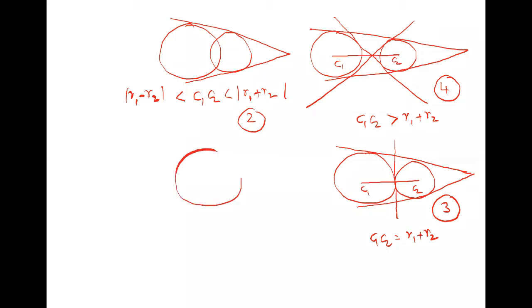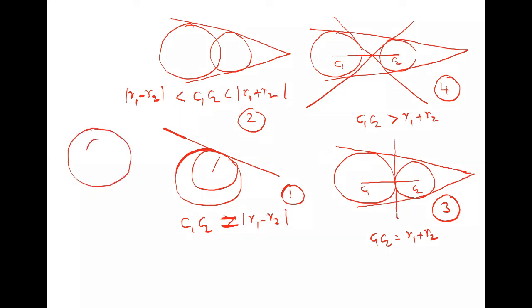When a circle touches inside, then what happens? C1, C2 is equal to mod of R1 minus R2. Then 1 tangent is possible. Next, one circle inside another circle. C1, C2 is less than R1 minus R2.